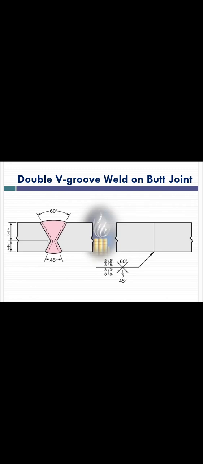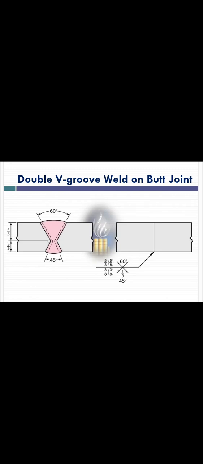You can see on the top of the reference line the details are for the welding that is to be done on the other side of the arrow. In this figure you can see on the left side further details have been drawn, which is showing that the depth of bevel is 5 by 8 mm, while the beveling is 60 degree.